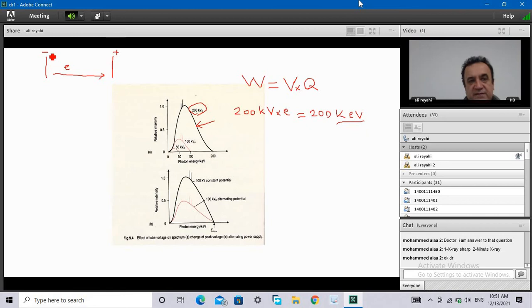If the voltage between the minus and the plus is 1 volt, we say that 1 electron volt is equal to the energy of this.